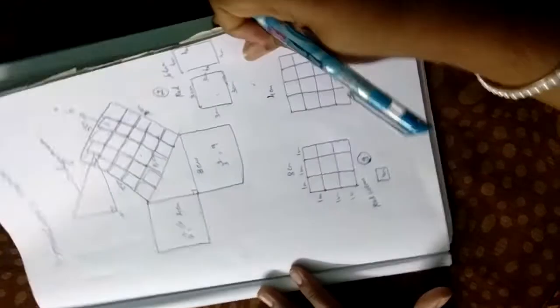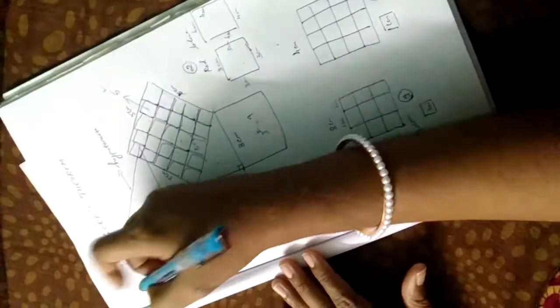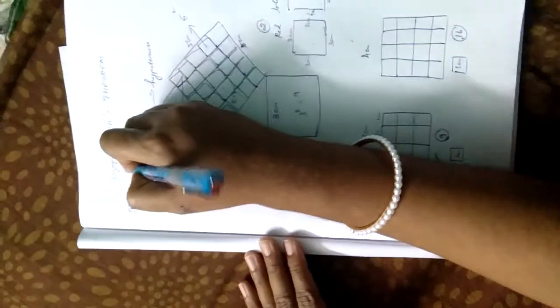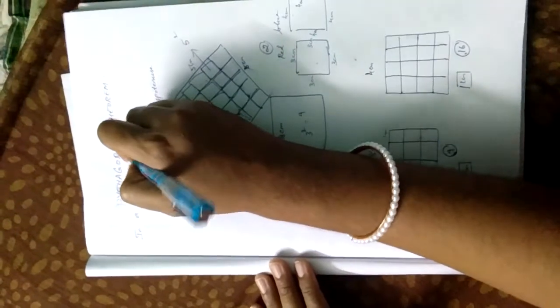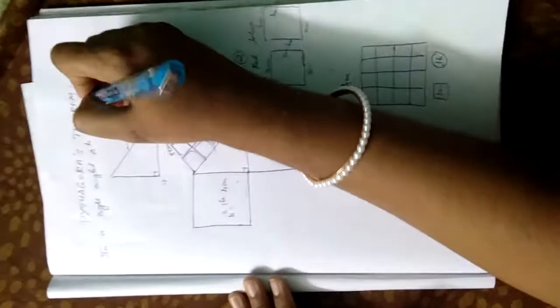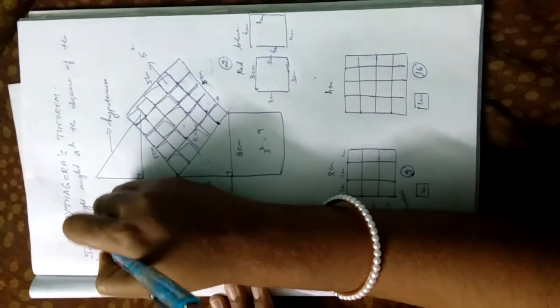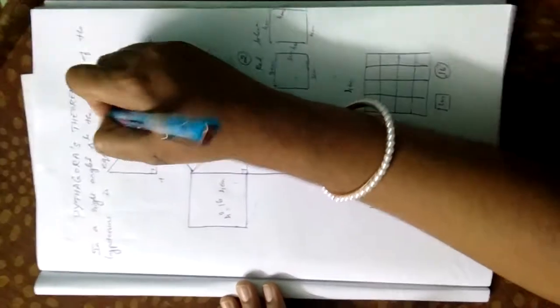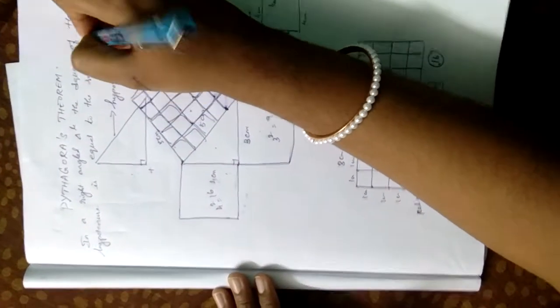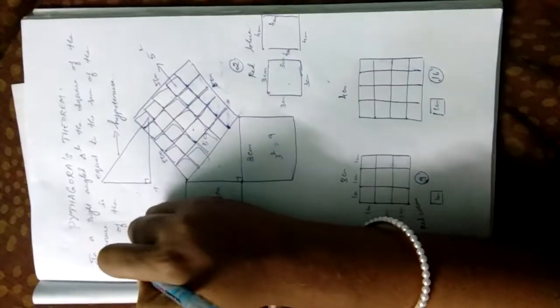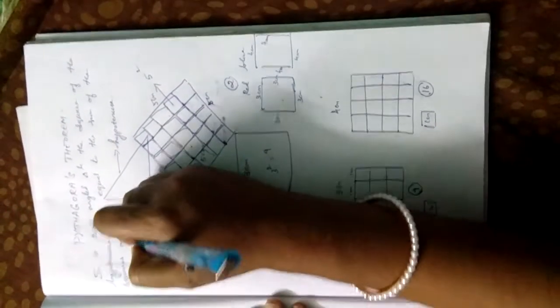This is the statement that the Pythagoras theorem explained, that in a right angle triangle, the square of the hypotenuse is equal to the sum of the squares of the remaining two sides, or other two sides.